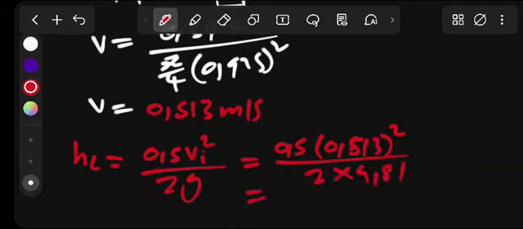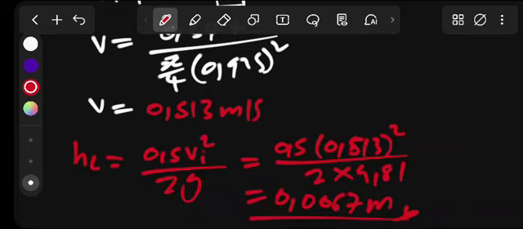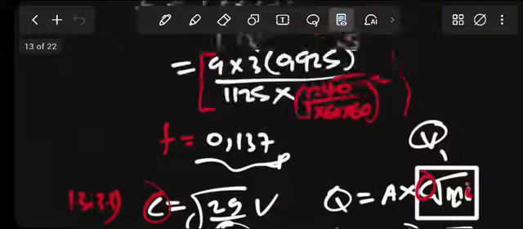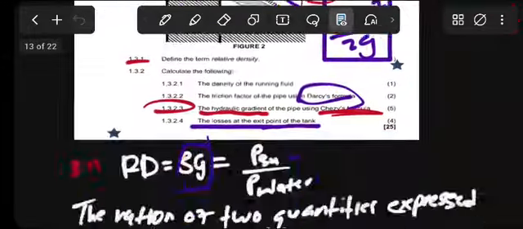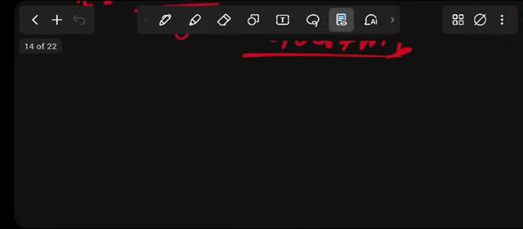This will be 0.0067. Obviously, the loss is the head loss there. The loss will be in meters. So this is what we have. This is how we go about dealing with this typical question.